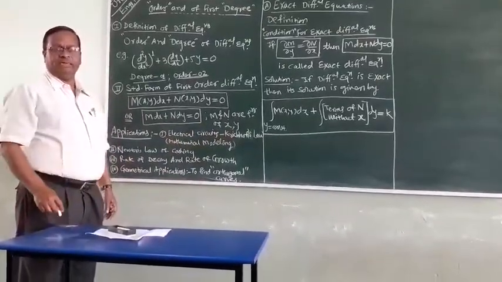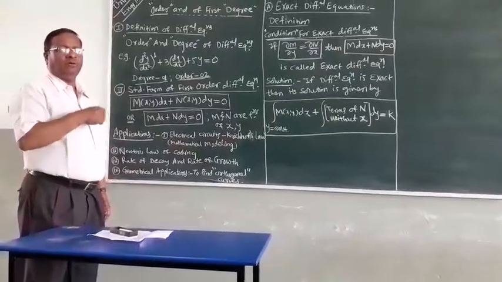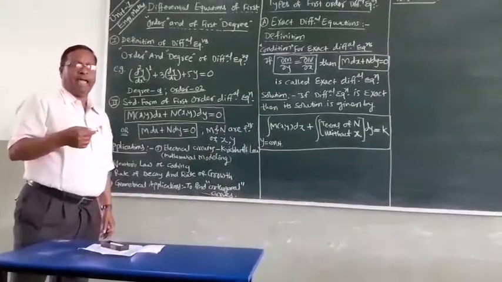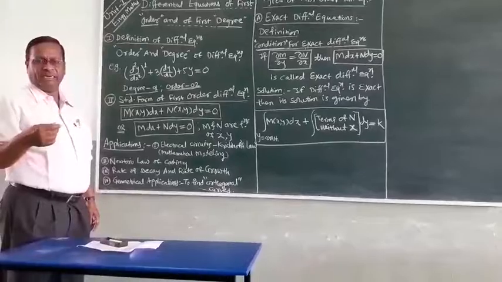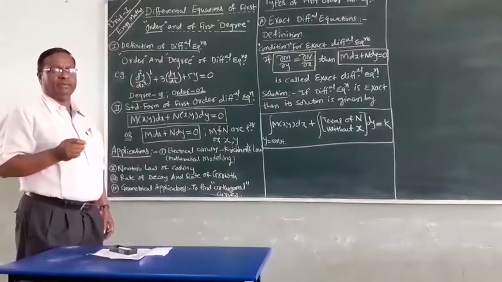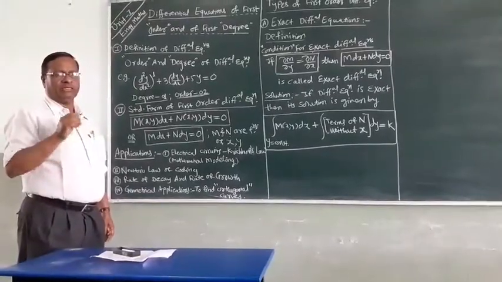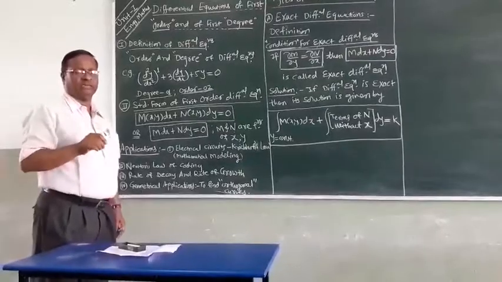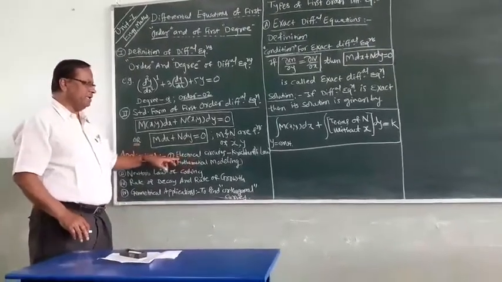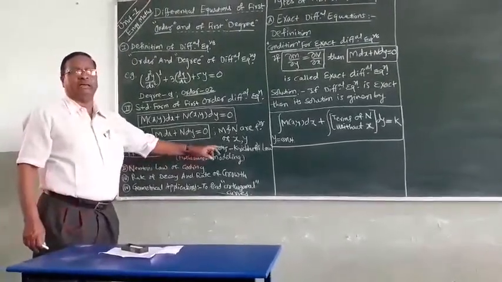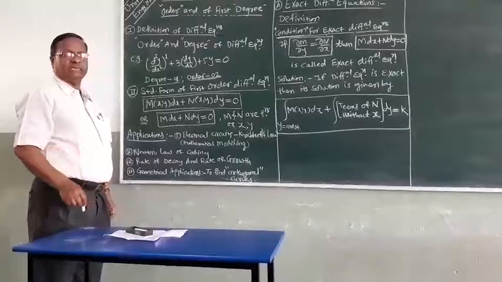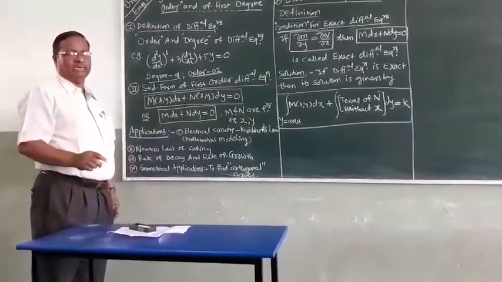Kirchhoff's law says that the current entering a junction and the current outgoing are equal. In a mathematical way, the sum of the voltage drops across resistors, inductors and capacitors is equal to the applied EMF. We can model and solve the differential equation of electrical circuits and find the current flowing in the circuit at any time t.